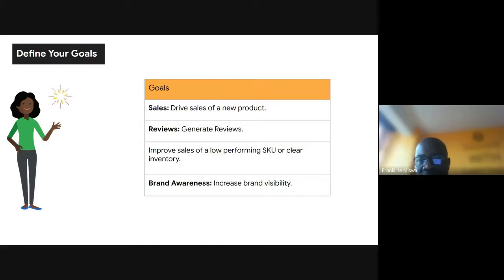So the key thing is, one, you want to drive sales of a new product or an existing product or a product that is running in terms of EOL. Number 2, you want to generate reviews for that particular SKU, because at the end of the day, it is a SKU that drives your sales. Thirdly, you can also use sponsored products to improve sales on low-performing SKUs or clear inventory, which touches on EOL that I was talking about.